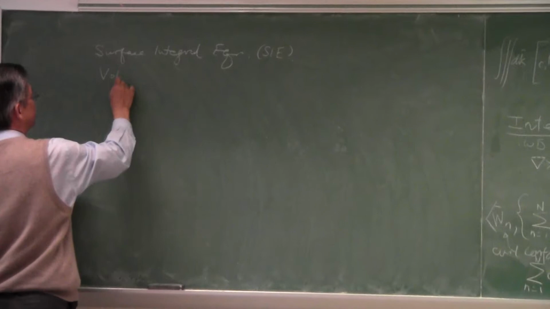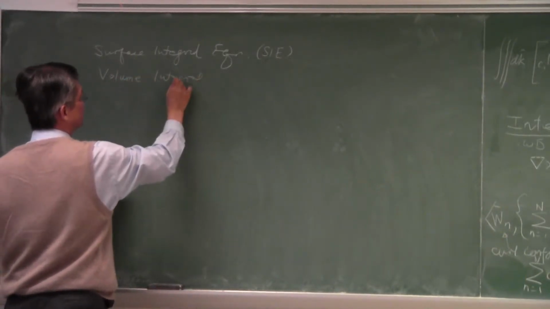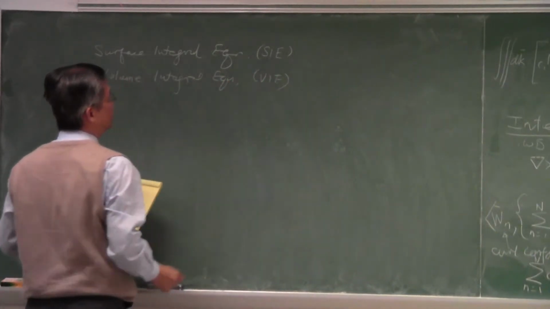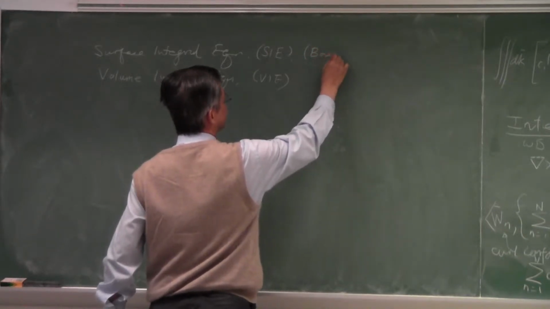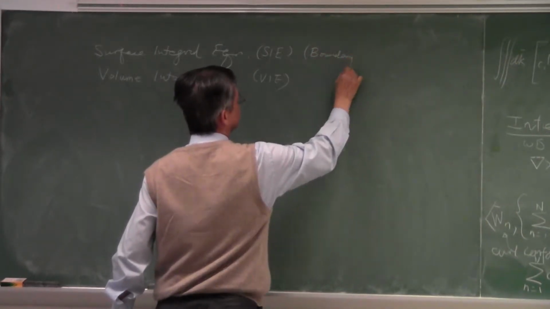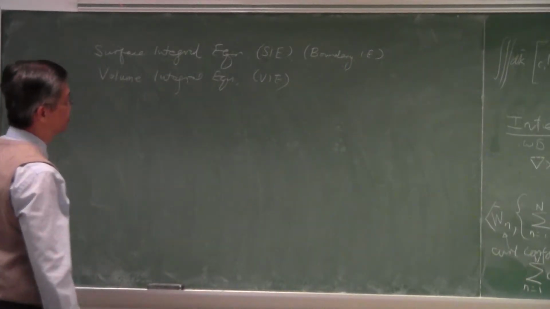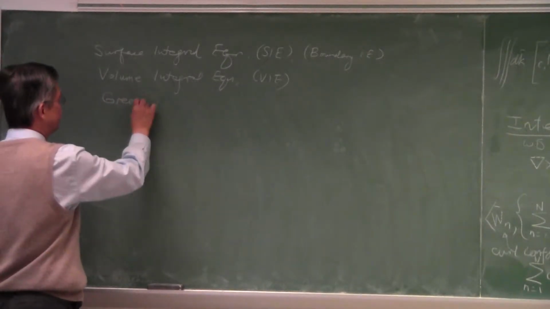Another one is called volume integral equation, sometimes called VIE. And sometimes this is also called boundary integral equation, instead of surface integral equation. So you see that in the literature as well. And we use Green's function technique to solve this problem.